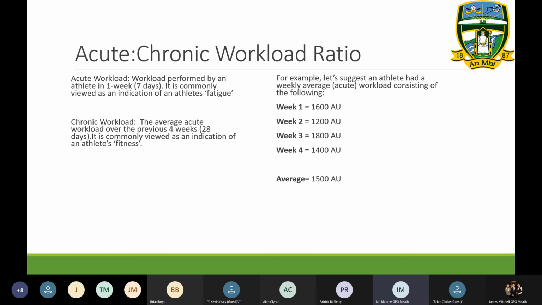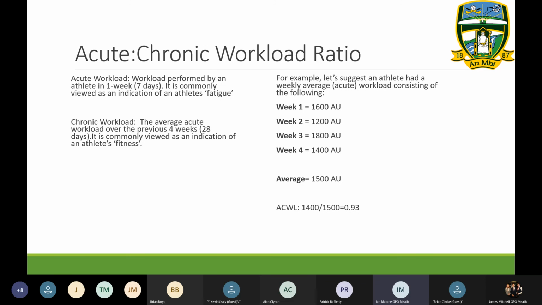You've got 4 weeks and four numbers to work with, so you add 1,600, 1,200, 1,800, and 1,400 together, and divide by 4, as there's 4 weeks, and you get your average of 1,500. That's what's deemed to be your chronic workload over those 4 weeks. And the figures at weeks 1, 2, 3, and 4 would individually be your acute workload for those weeks.